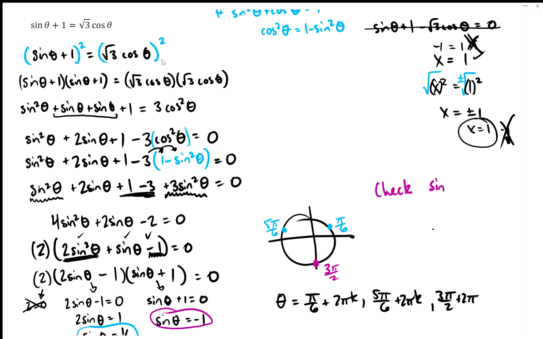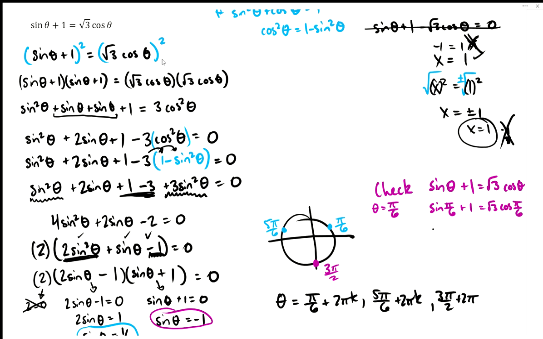So sine of theta plus 1 equaling square root of 3 cosine of theta. So it's always back to the start. And then we'll check theta equals pi/6 first. So sine of pi/6 plus 1 equals radical 3 cosine of pi/6.